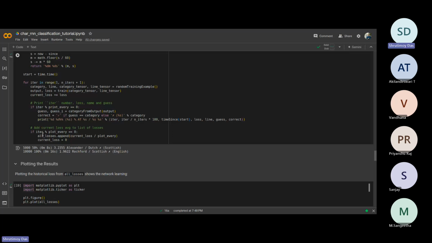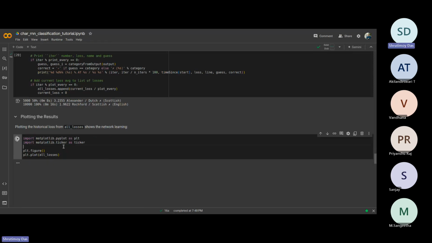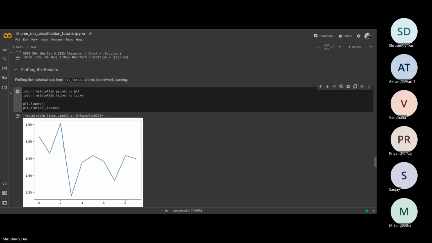Say for this example, we get a loss of around 1.9. Let us see how it behaves. Yeah, the loss function first increases, then it decreases, because this is stochastic, right? If it was gradient descent, it would have gone straight down.